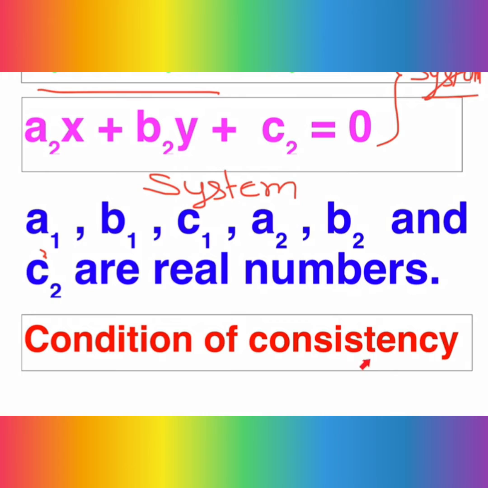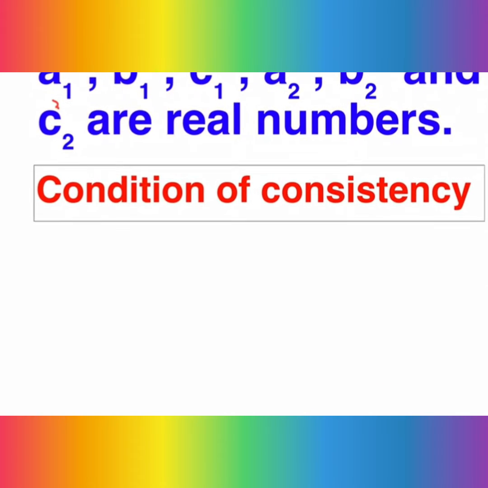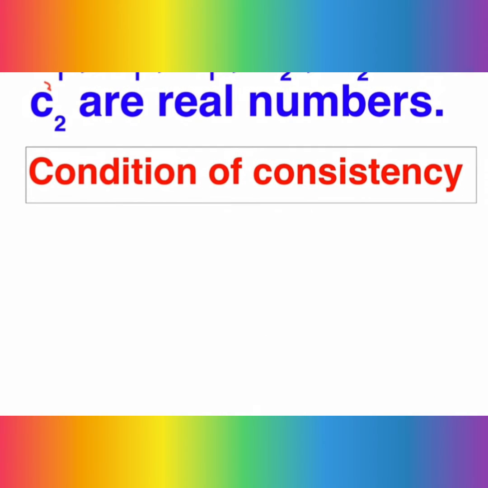So now the condition of consistency. Here is a new word, consistency. What is the meaning of consistency? If a system, that is a pair of linear equations in two variables, has a solution, then we can say that the system is consistent.